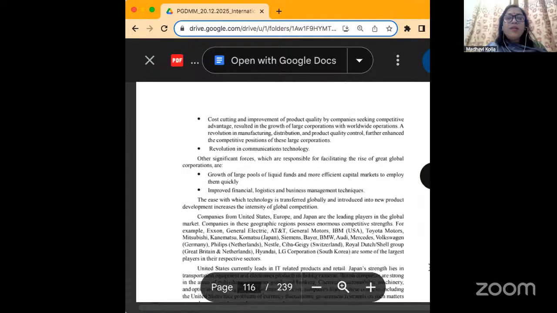The third is cost cutting and improvement of product quality by companies seeking competitive advantage. This results in the growth of large corporations with worldwide operations. A revolution in manufacturing, distribution, and product quality control further enhances the position of these large corporations.